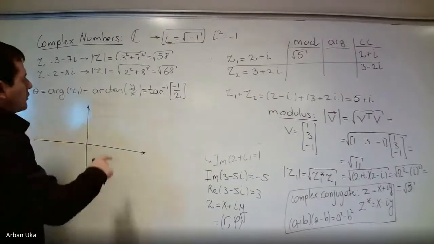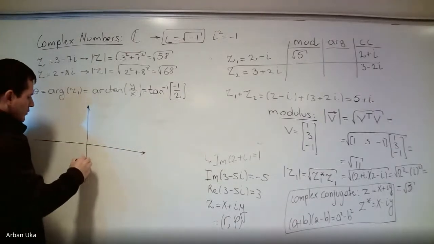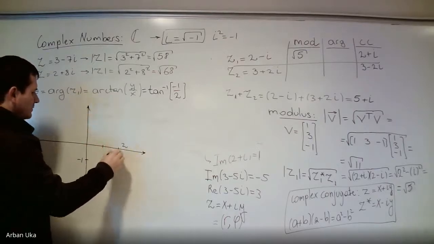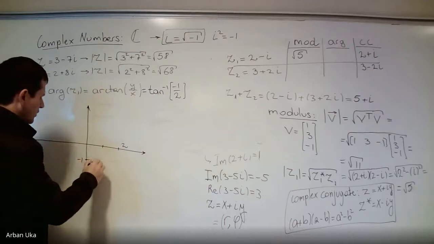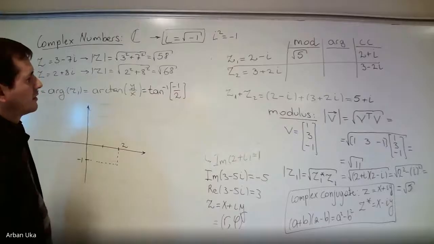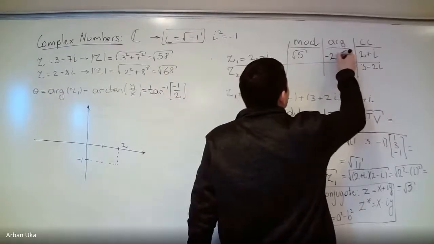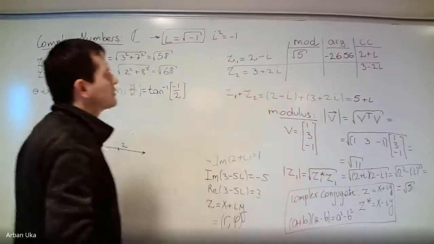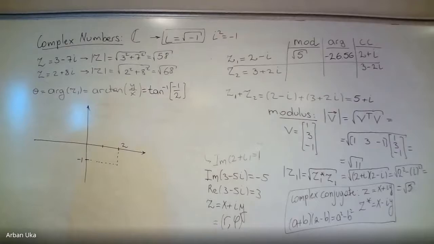So it looks like y is -1 because it's somewhere here, right? This is -1, this is 1, this is 2. So we are talking about minus 26.56 degrees. Okay, that's good. Now let's pick up the other number.